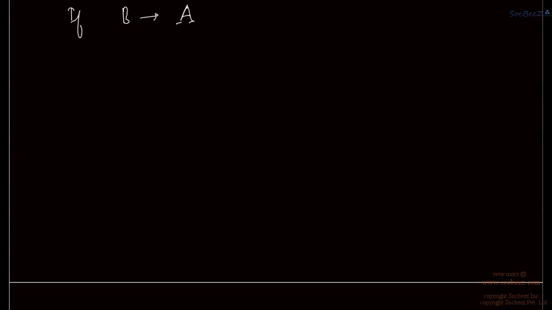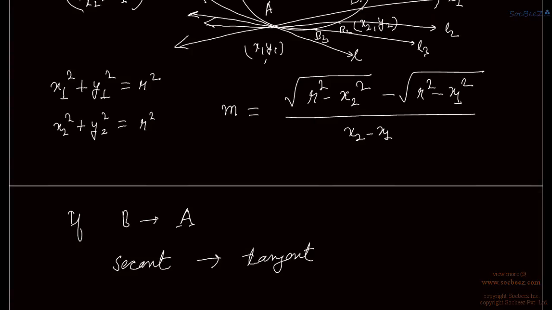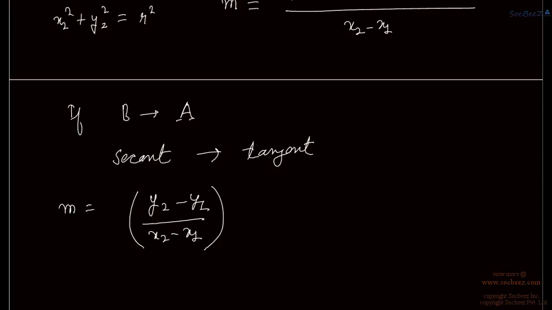So we can write, secant is moving towards tangent. That means if we put the limiting value here on this equation, that is x2 tends to x1, this is a slope. Let us write the slope as m, whatever is actual, that is y2 minus y1 upon x2 minus x1.